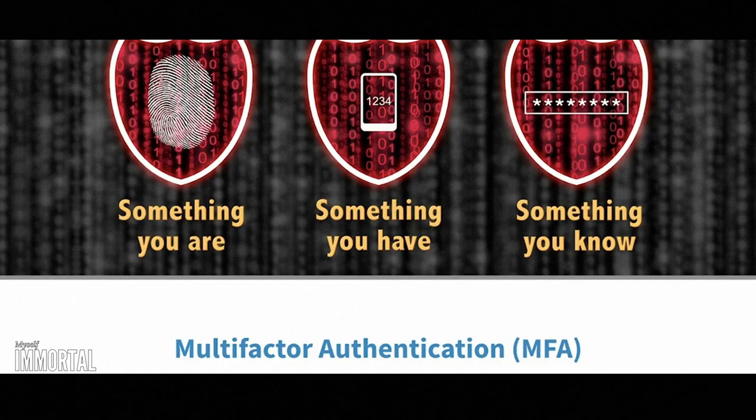Then we have the category of something you know. This is the standard username password type of mechanism. When you combine these different factors, you get multi-factor authentication, and it makes it much more difficult for an attacker to break into an account that uses MFA than it is for breaking into an account that does not use MFA.